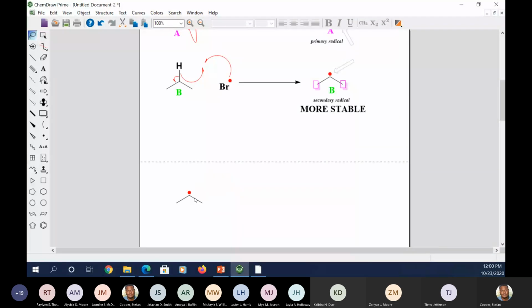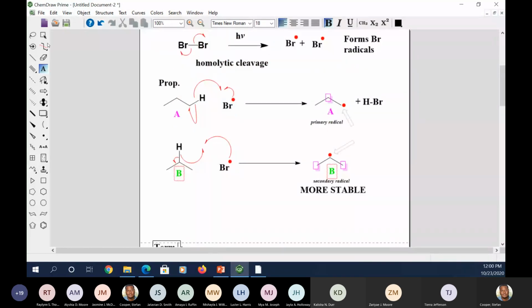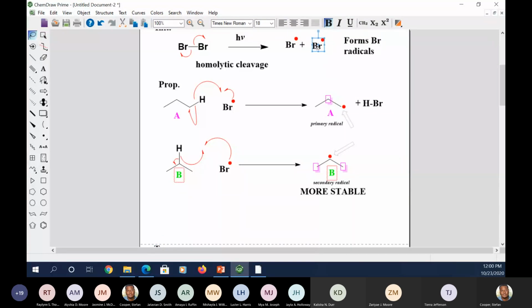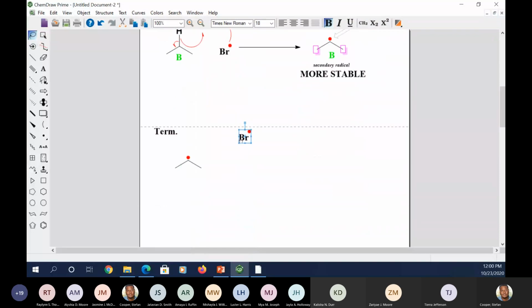All right, so the last step here has to be my what step? Termination. Termination step. And how do I terminate? Don't forget, initially I had two of these radicals. I used one to attract the hydrogen, and the second one is going to do what? Quench the radical, or terminate the radical.